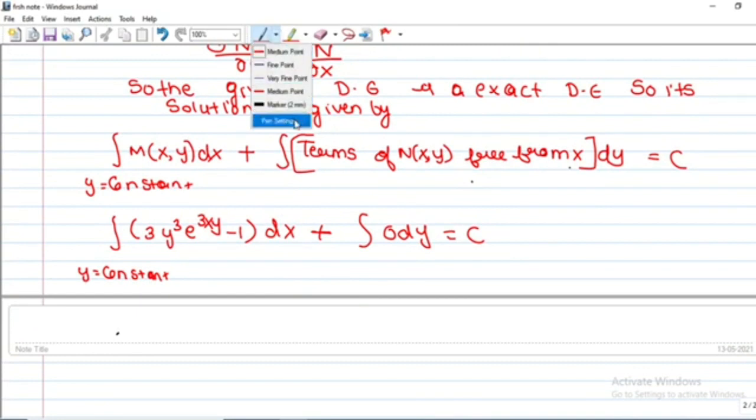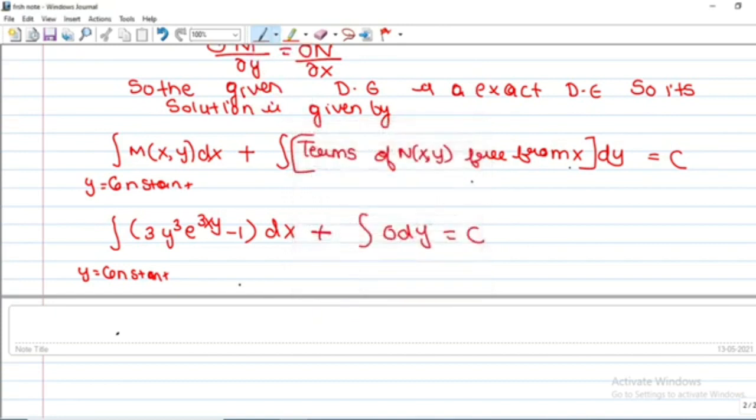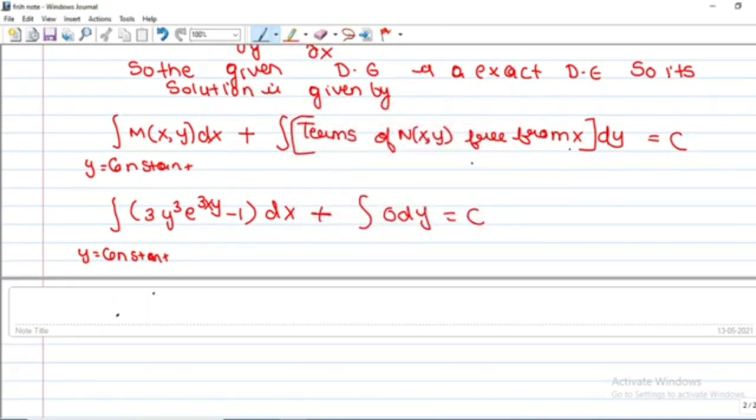Now if I solve it, since y is constant, it will be as it is, and e power 3xy, if we integrate, I will be left with 3y, and here minus x, and this one will be 0, and here it will be constant.